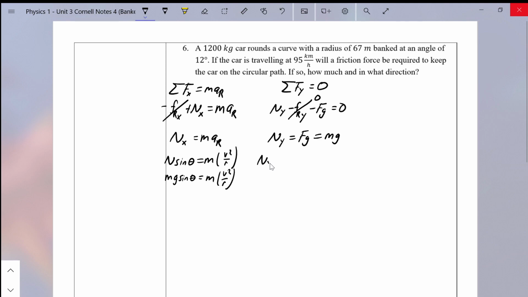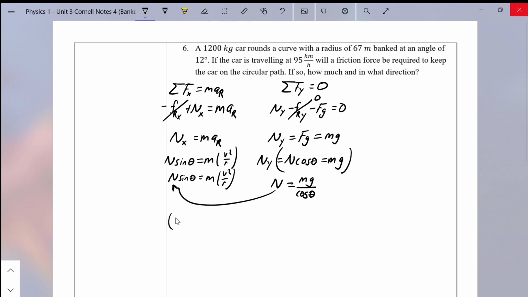But ny is equal to n, the normal force, times cos theta. If I solve this part of the equation for n, I get n is equal to mg over cos theta. You should see a similar type of thing happening as what happened in the first problem for banked curves, where we end up with n is equal to mg over cosine theta, and then we're just going to plug that in for this normal force over here.